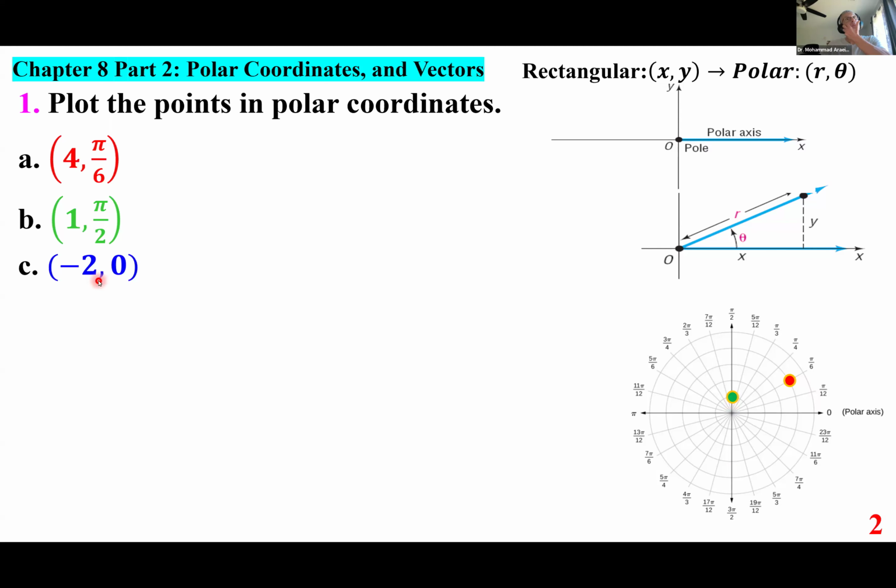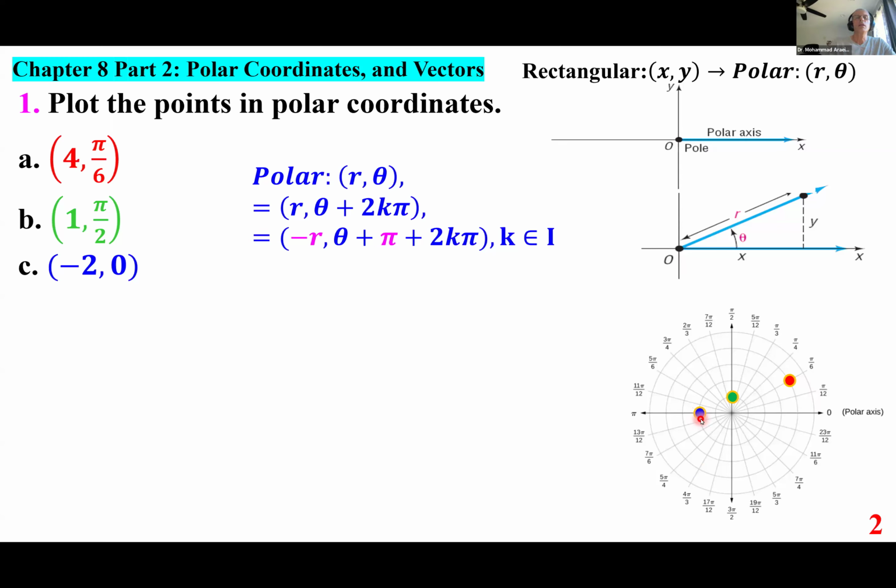Negative 2, 0. Well, first let's look at 2, 0. 0 means this angle, the x-axis or the polar axis. If I have positive 2, that means the second circle. But because it's negative 2, it goes in the negative direction, and therefore it's located here.